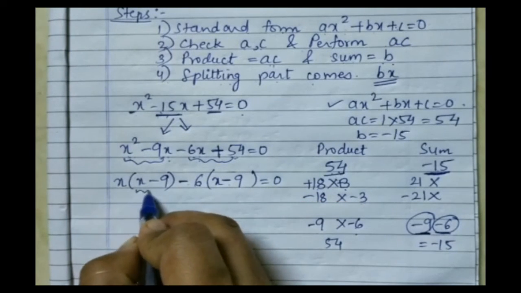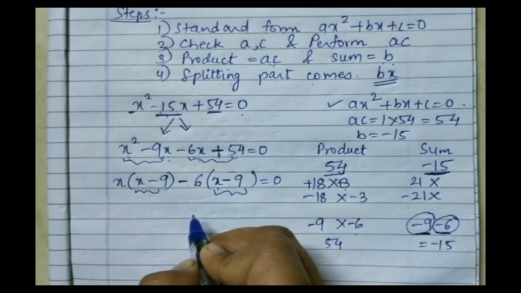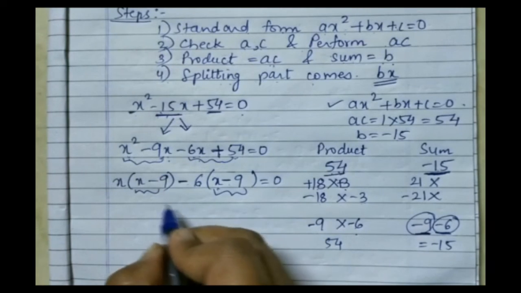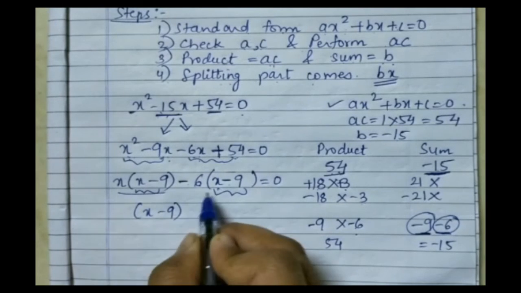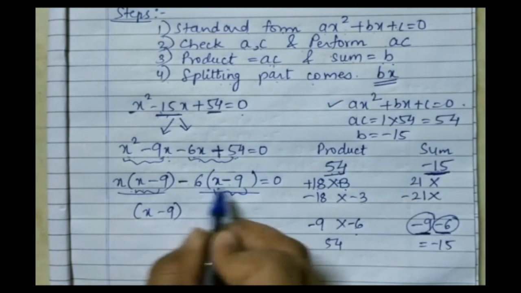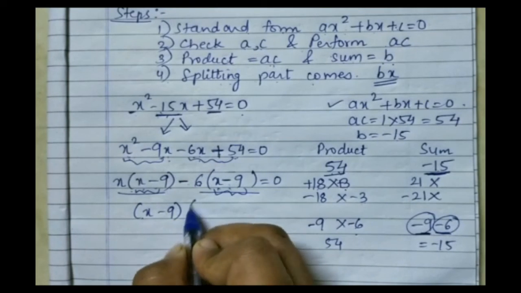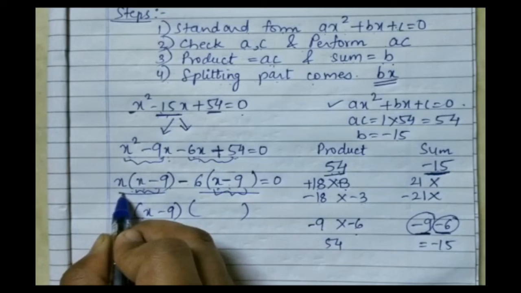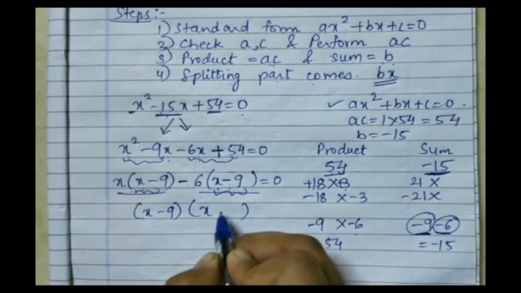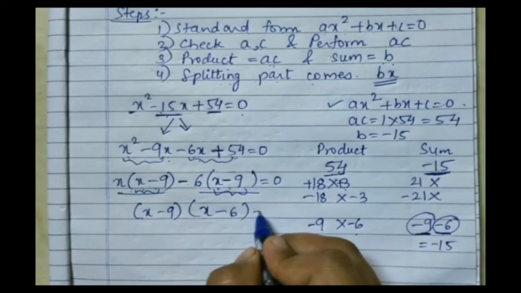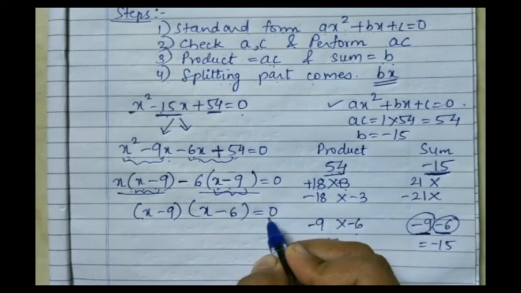What I will be getting is these 2 brackets would be same. Then I am going correctly. So x minus 9, out of these 2 parts, what is common in both these parts is x minus 9. So I take x minus 9 common. So what remains is, here x remains and here minus 6 remains, equal to 0.